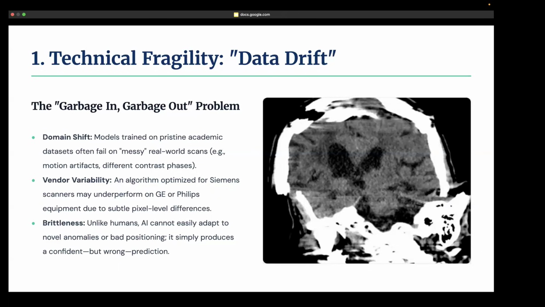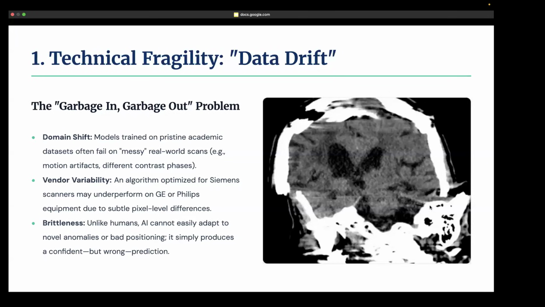In practice, you'll come across scans that look like this, where you can't really diagnose anything because all the lines are different. It's not a clear image. So I can't diagnose if there's a brain bleed right here. I won't be able to diagnose that.